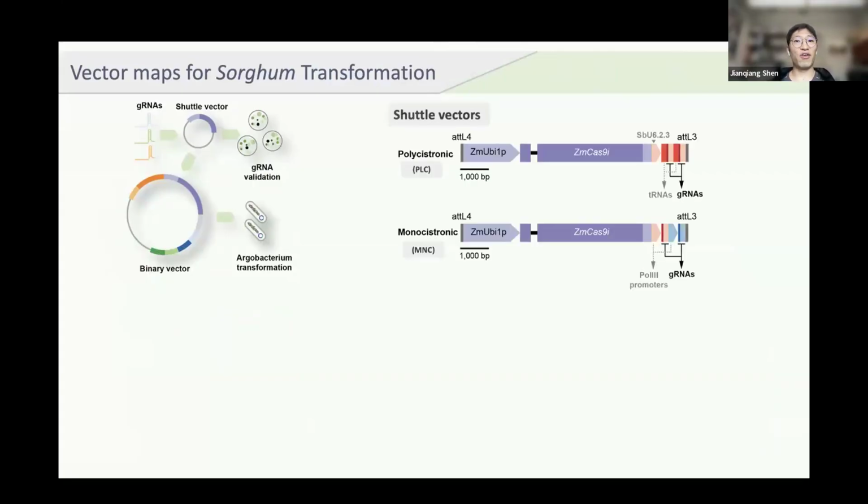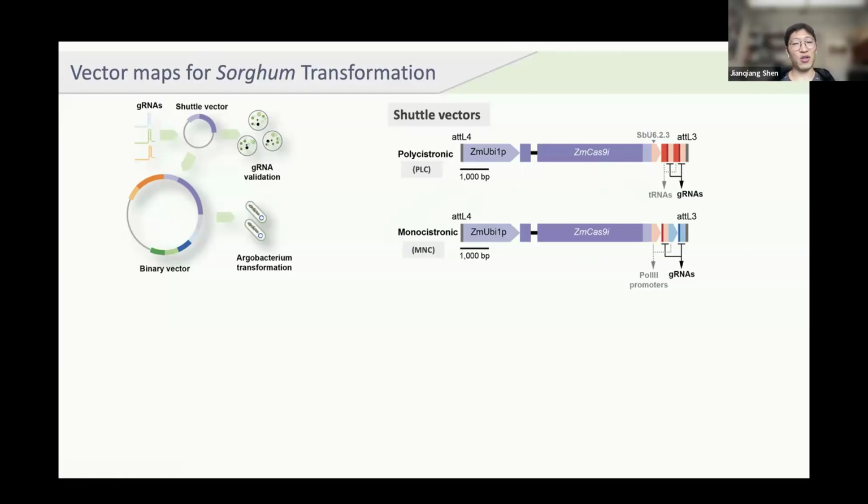In the shuttle vector, it includes the Cas9 gene, as well as the guide RNA expression cassettes, including polycistronic, using tRNA as a spacer here, and also monocistronic, which means one guide RNA driven by one promoter.